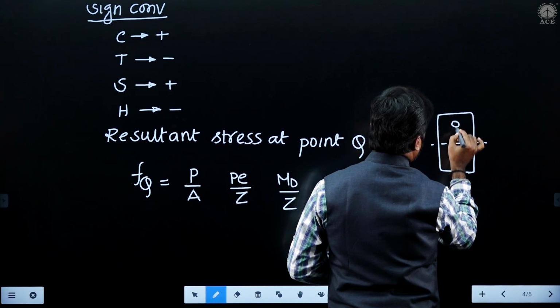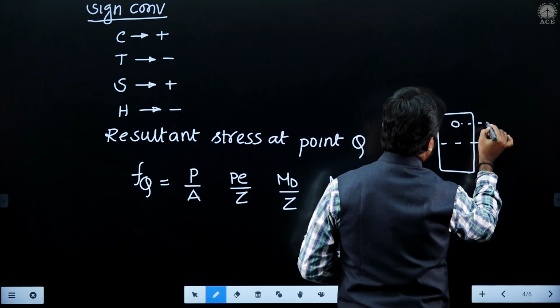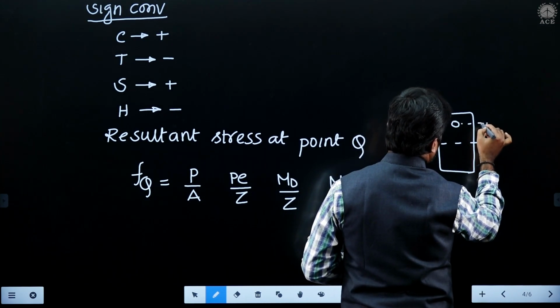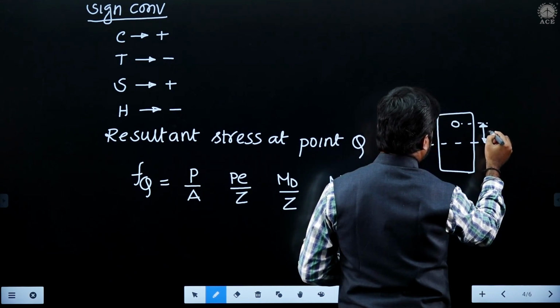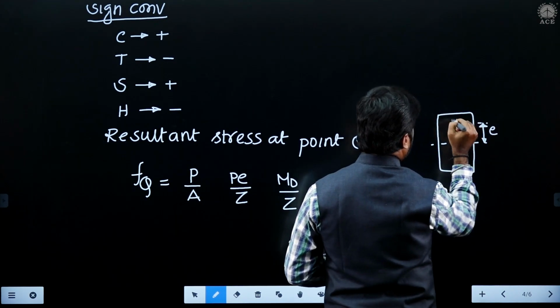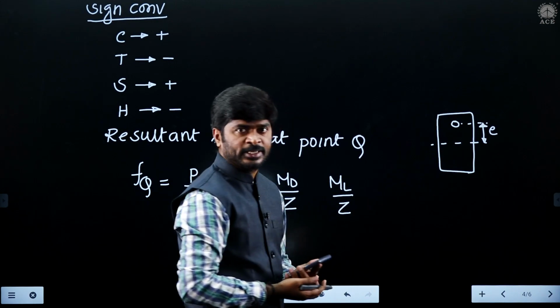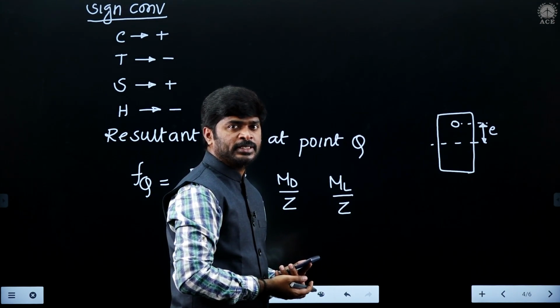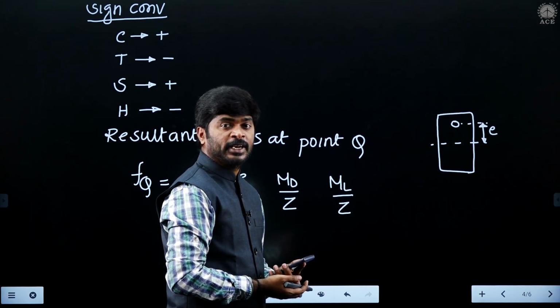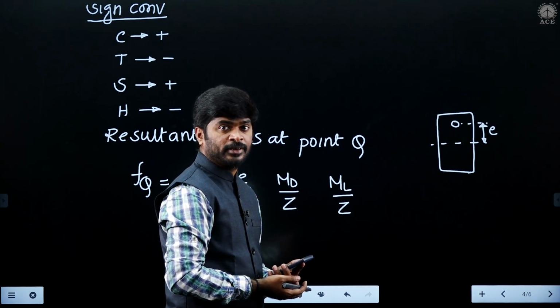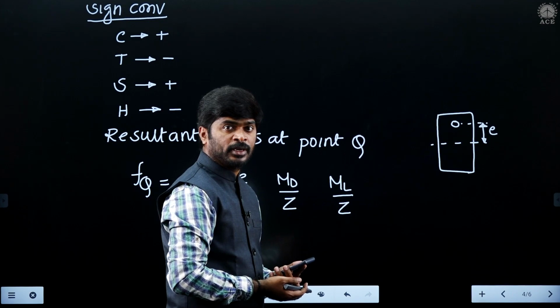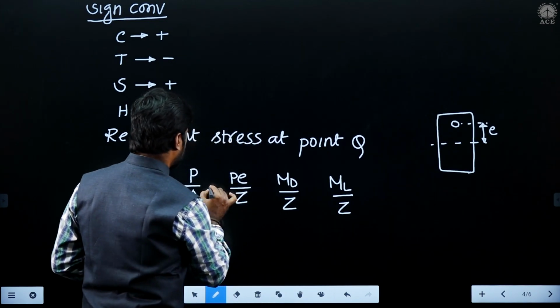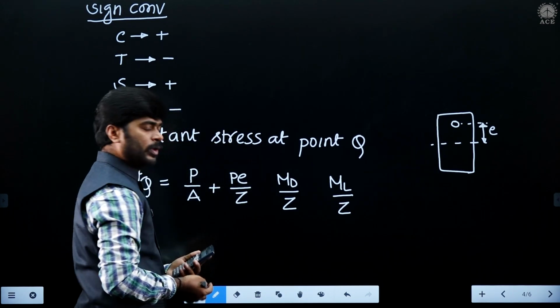Here is the tendon, and this is the eccentricity, and pre-stressing force is applied exactly at this location. My dear, then what is the sign you are going to take in this region? Definitely it is compression, right? Yes, so compression is positive.